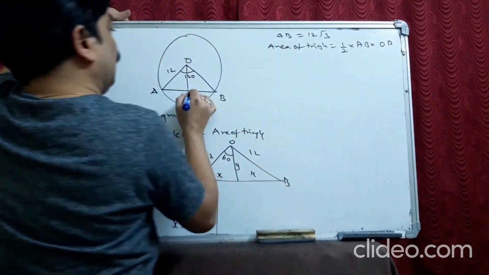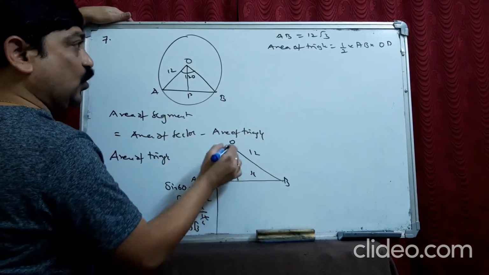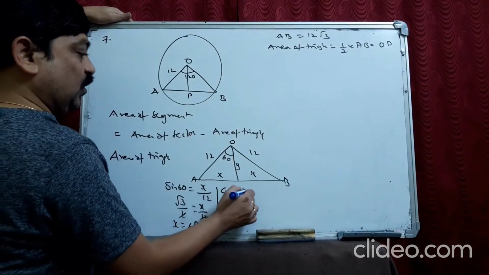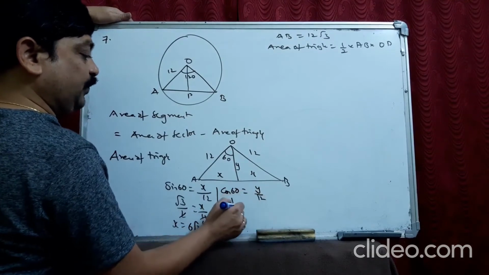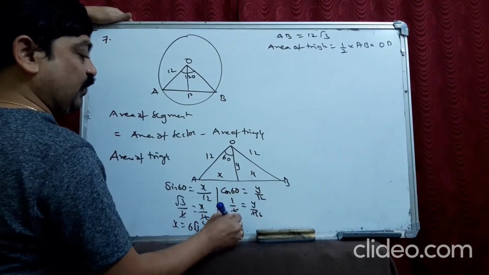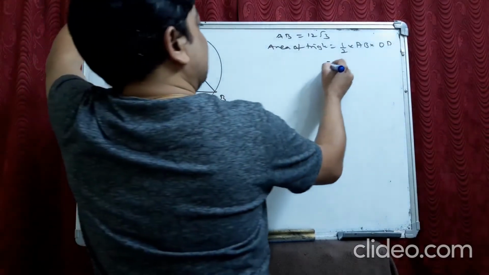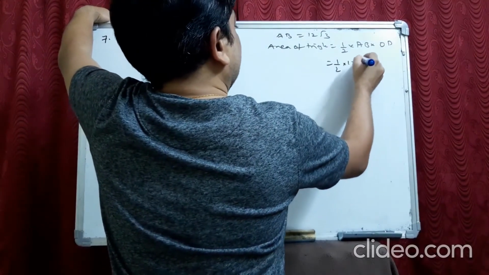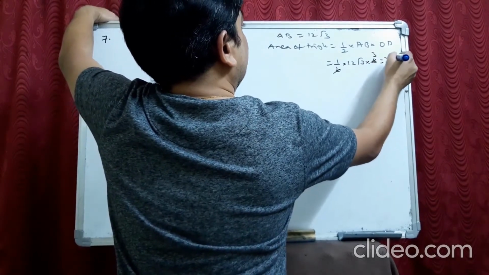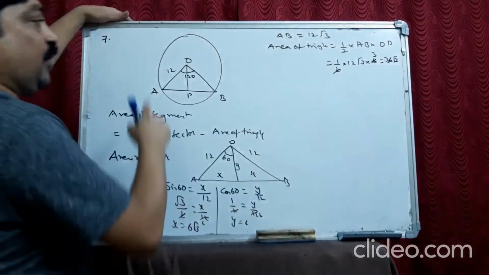How to find OP? OP is y, so we take cos 60. Cos 60 equals y by 12. 1 by 2 equals y by 12. It becomes 6, so y is 6. So height is 6. It becomes half into 12 root 3 into 6, which is 36 root 3, the area of the triangle.